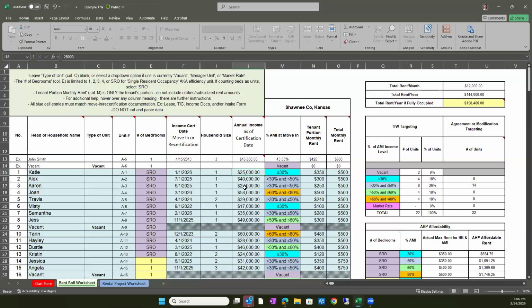HUD may accept certain documents or types of documentation that we are unable to accept for the AHP program. So please make sure when you're doing your AHP calculation, you're doing it according to AHP guidelines, and that when you're doing your HUD calculation, you're doing that based on whatever HUD guidelines or USDA guidelines, whatever program that may be.